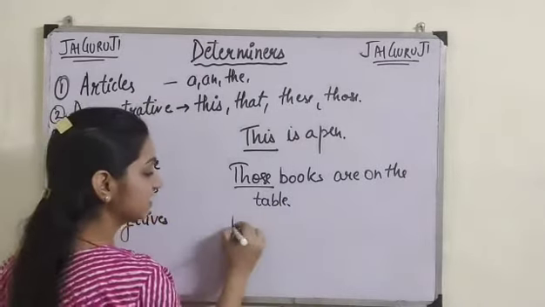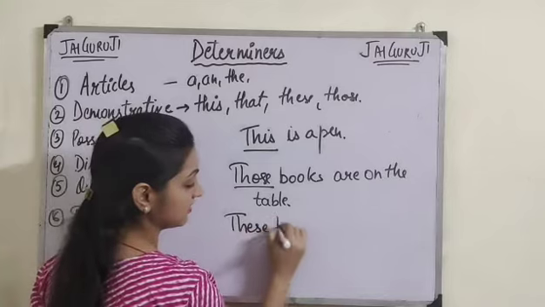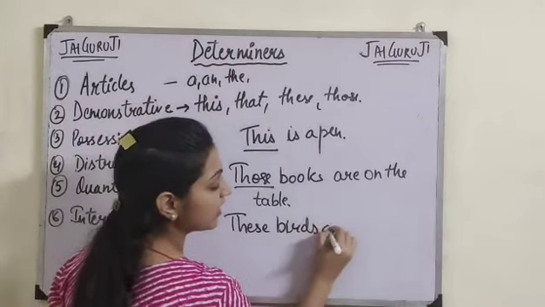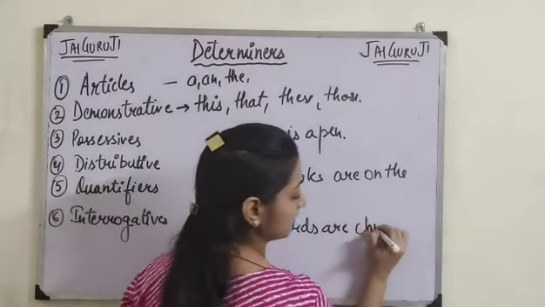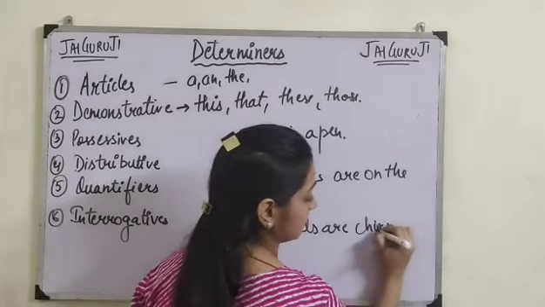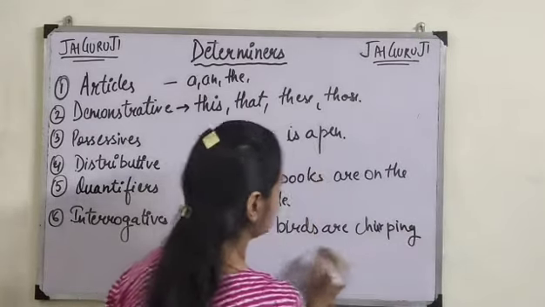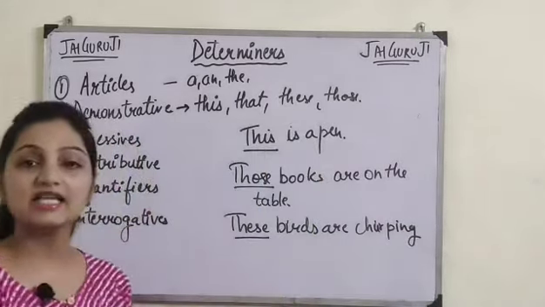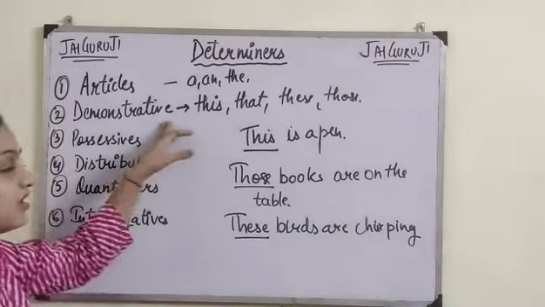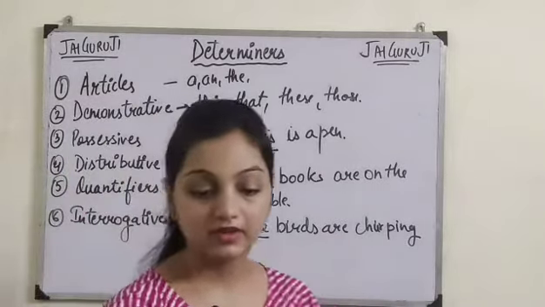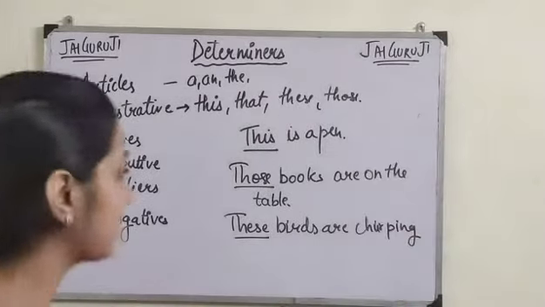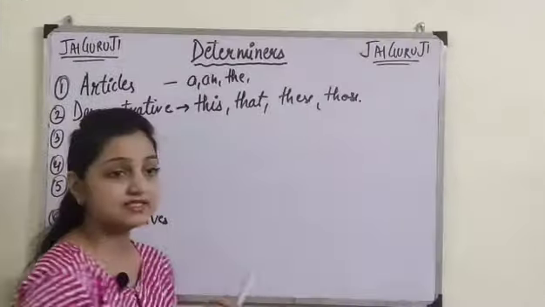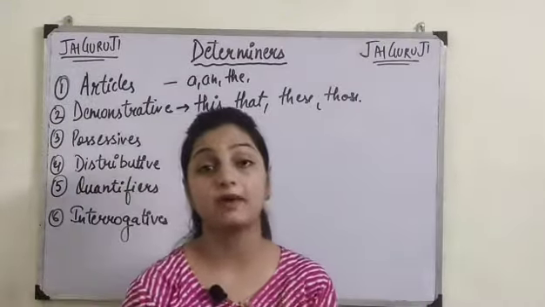If I'll say these birds are chirping, so here these birds. So this, that, these, those, these are all the demonstrative determiners. Now I'll come to the possessive part. Possessive means something where we are talking about possession, ourself.